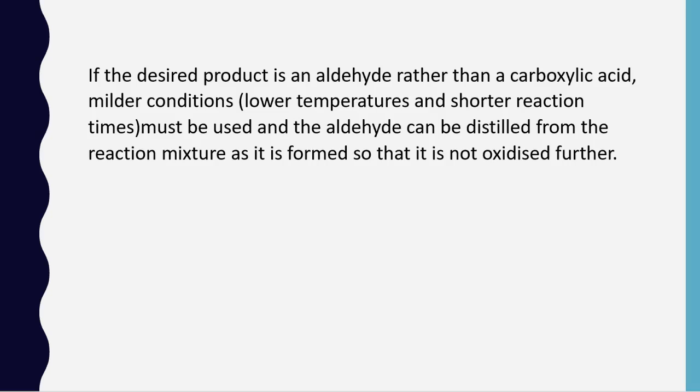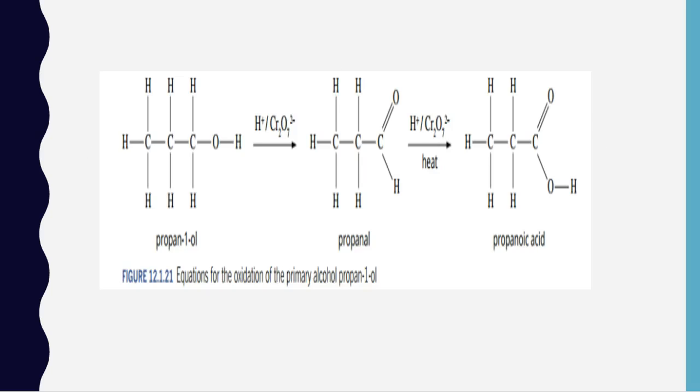Now, what would happen if we wanted it to stop at that aldehyde? What if the product that we wanted was the aldehyde and we didn't want it to continue on to the carboxylic acid? Then we need to change our conditions. So you'll notice in the previous slide, we can see that here heat is applied.